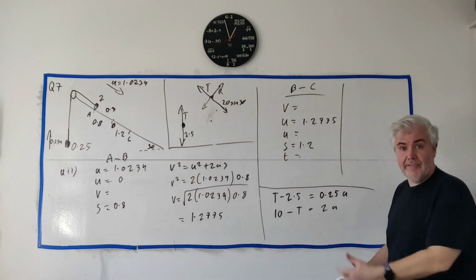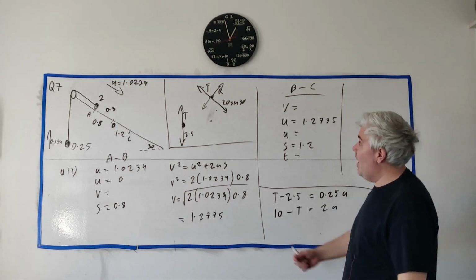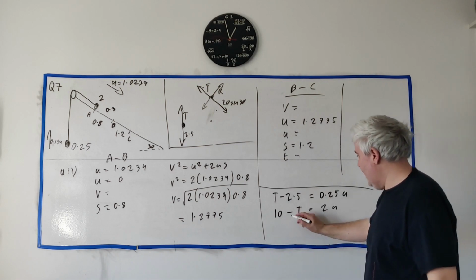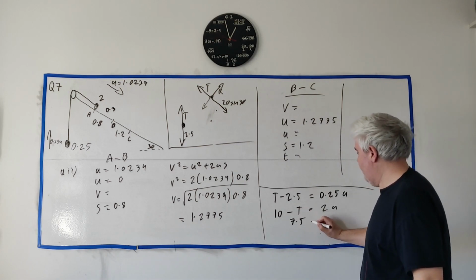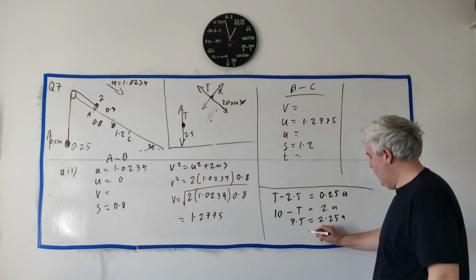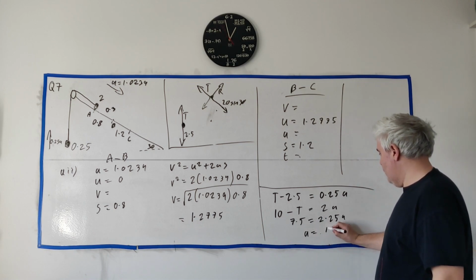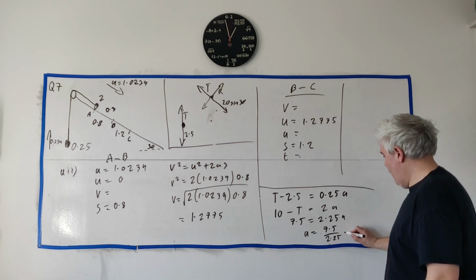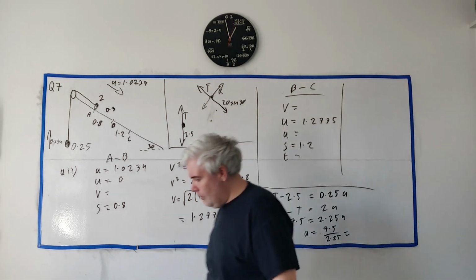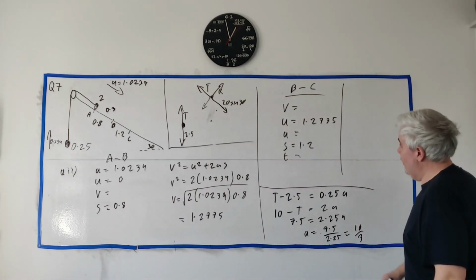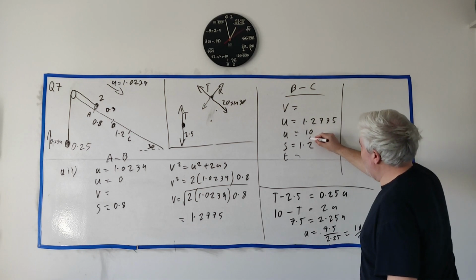Much simpler, no F's involved. So if there's no F, I don't need to find mu. I can just add this together. On this side I get 7.5. On this side I get 2.25a. a is equal to 7.5 over 2.25, which is equal to 10 over 3. So I can go ahead and put that in there, 10 over 3.